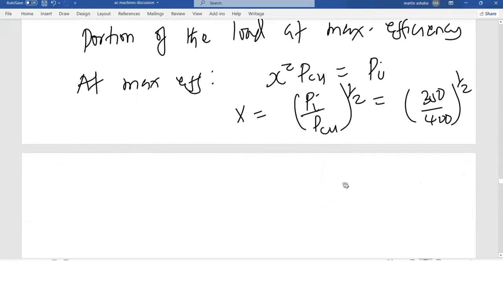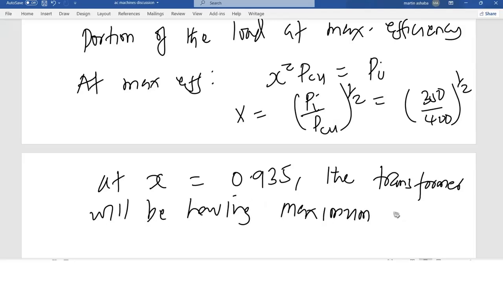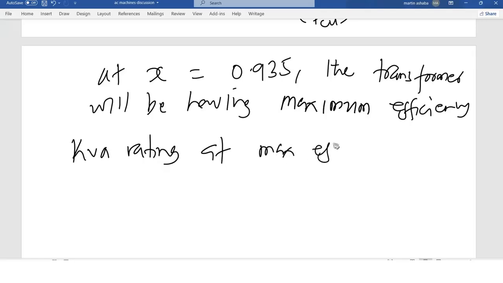So for this transformer, at X equal to 0.935, the transformer will be having maximum efficiency. So if they ask you the rating of the transformer at that point when it is operating at maximum efficiency, so the kVA rating at maximum efficiency will equal X times the kVA that you have above there.